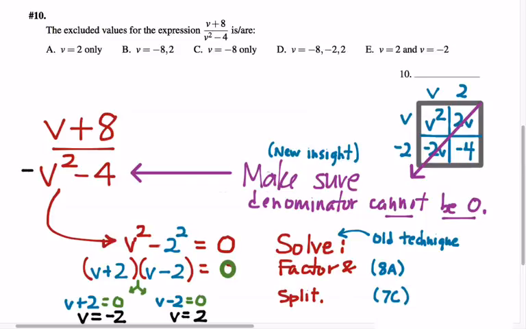And if v squared minus 4 is equal to 0, that means that this fraction has a problem. We can't let a fraction's denominator equal 0 because then its value is undefined. So those are exactly the values that we need to exclude from consideration in this expression.